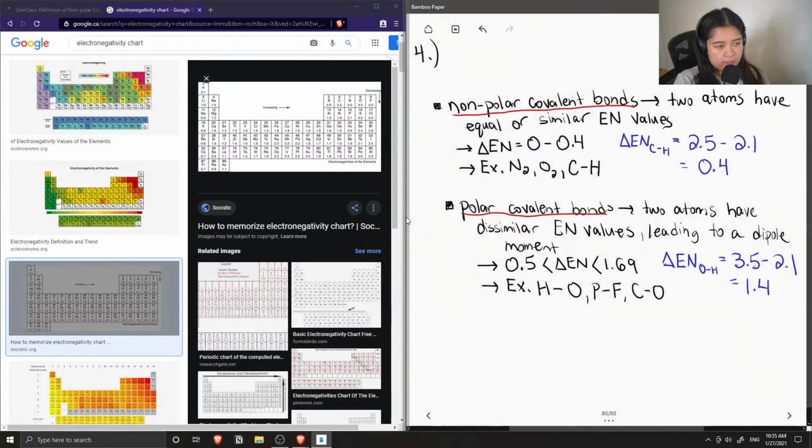So you can distinguish whether or not something's polar covalent because covalent bonds are when you have the sharing of electrons between two nonmetals.